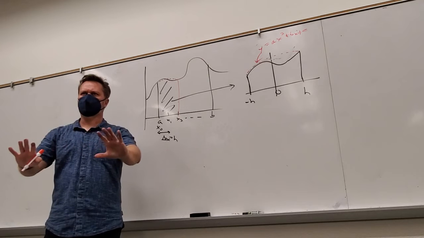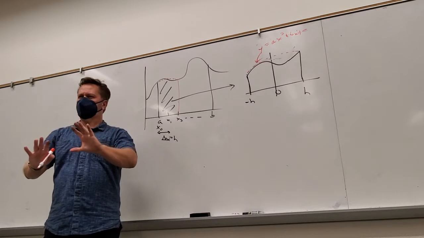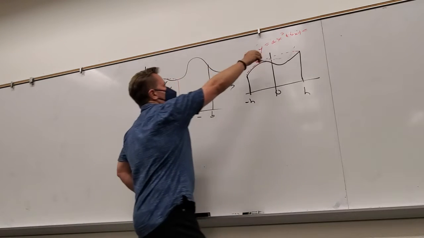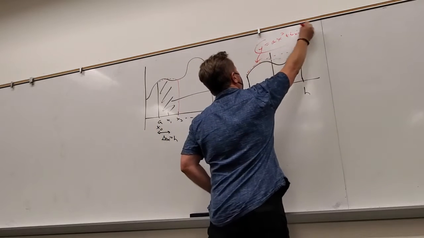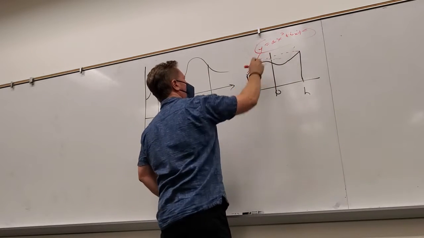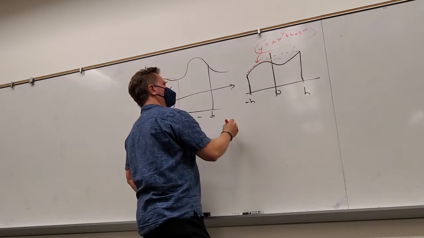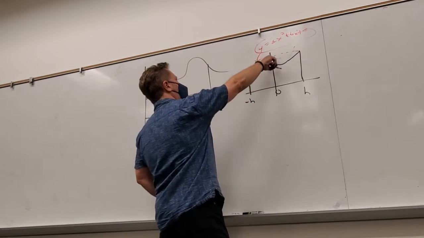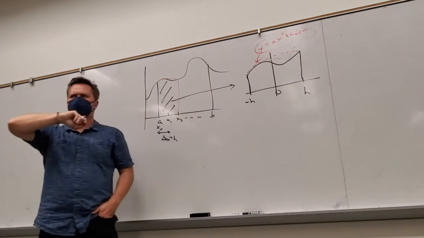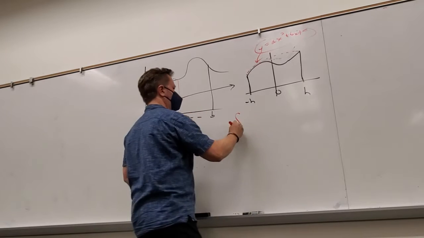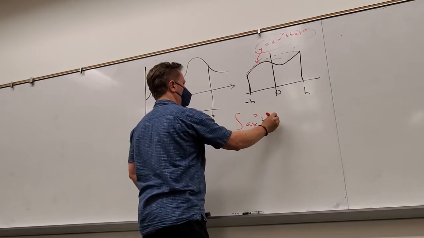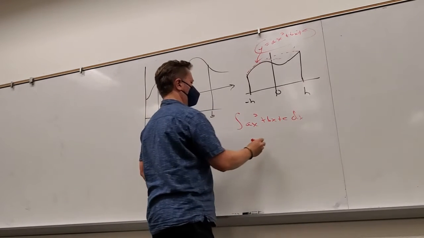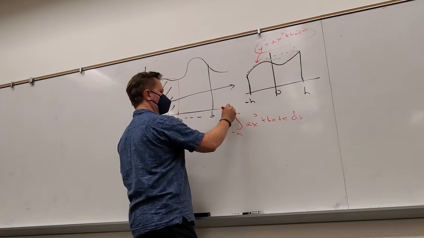Let me stop for a minute. So, how do I get the area under this red line? Take the integral. What's the interval of this? From negative h to h, right?